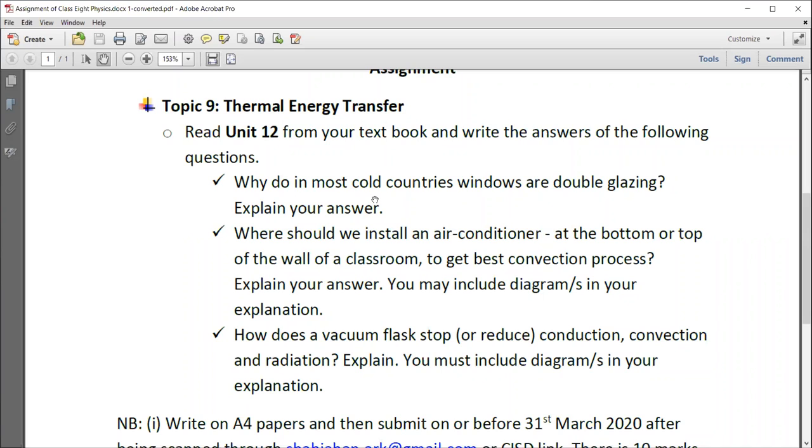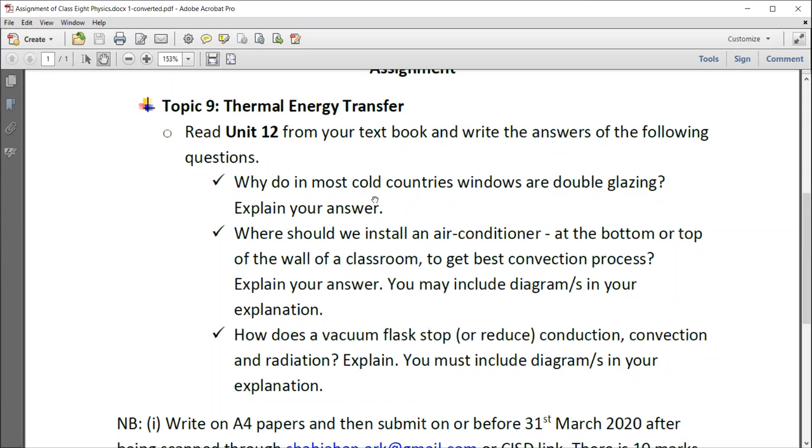We have a plastic cap, we have a hollow plastic stopper, cork, trapped air, then vacuum, then the double walled glass bottle with trapped air, then again vacuum, then the cork to hold the flask in place. So all these things are stopping the conduction process. It's clear to us, right?